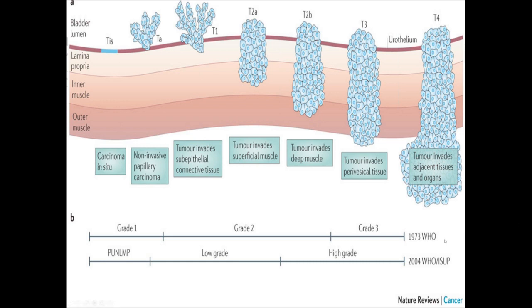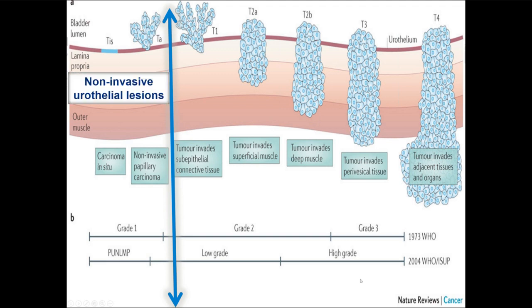So if you look at the 1973 WHO classification and the 2004 WHO ISUP, where we subdivided this into low grade and high grade, you can easily separate the two, the non-invasives and the carcinoma in situ, across this line. So the non-invasive urothelial carcinomas are subdivided in this category, and invasives are subdivided in this category.